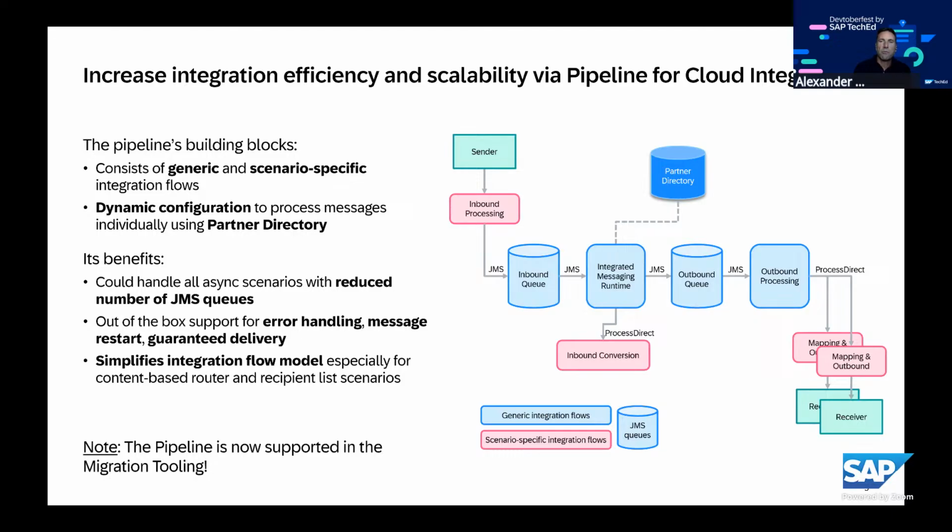In the meantime, I tend to rather call it pipeline for cloud integration because I think it has really become a proper solution. We have added further features based on your demand, right? And the pipeline concept is actually those are packages. In the meantime, those are different packages. At the beginning, this was one single package. Now I come to this in a minute. Why we have split this up, right?